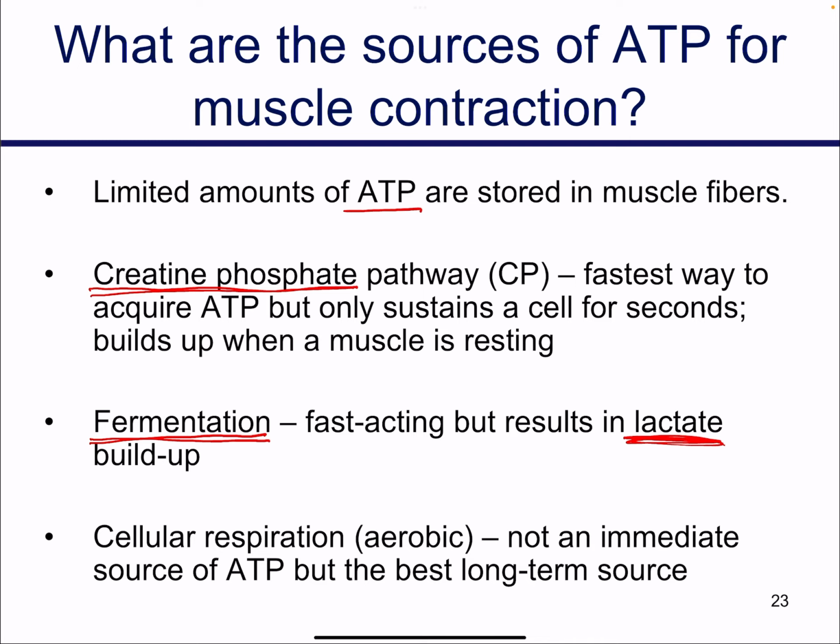Even though fermentation sounds like a good idea, for a long run, you don't want that, right? That's why the cell is going to do mainly cellular respiration, which actually takes time, but it is what it is. And cellular respiration is going to be used mainly to sustain activity over a long period of time.